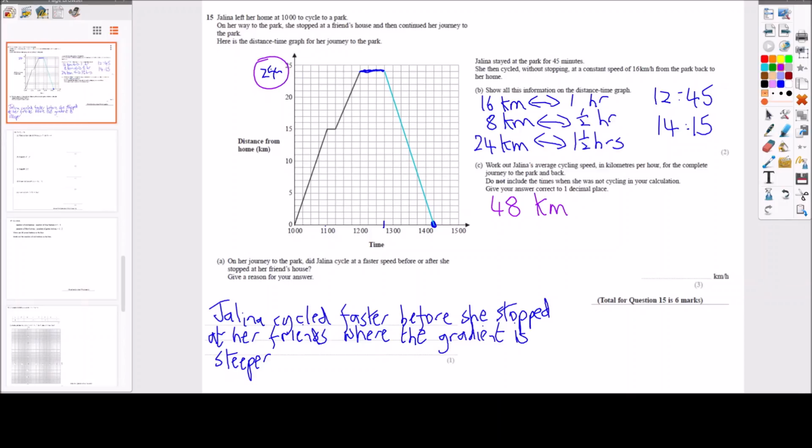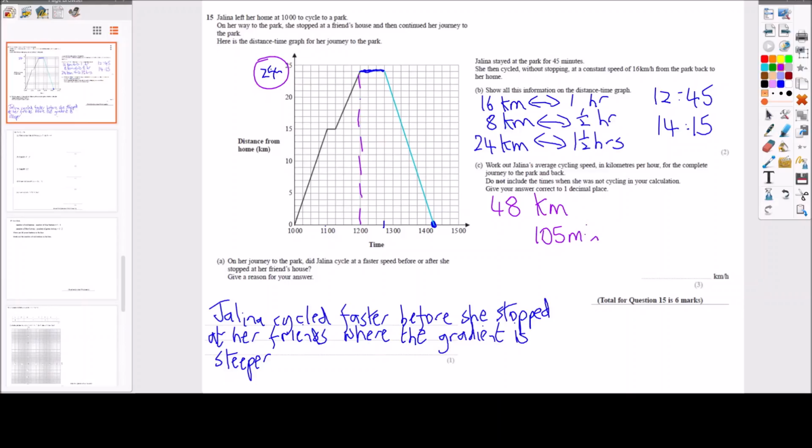Right, now how long did she take? Now she took that time there where she stopped at her friend's and carried on to the park. That is a total of 2 hours, 10 to 12 o'clock, less the 15 minutes that she stopped at her friend's. So 2 hours, which is 120 minutes, take away the 15 minutes, that is 105 minutes.